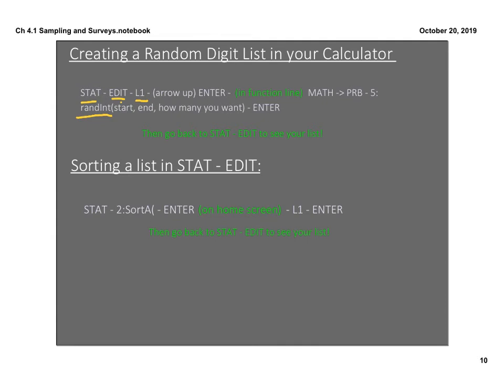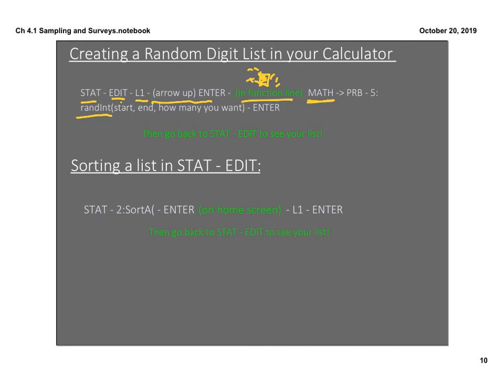So go into your L1 and arrow up to the function line. That's when your cursor will be blinking down on that function line. Then from there, here's how you get random integer. Hit the math button. Math is on the left-hand side of your calculator. I'm opening my calculator here. For me, it's the third button down. I think if you have a TI-84, it's the third button down.